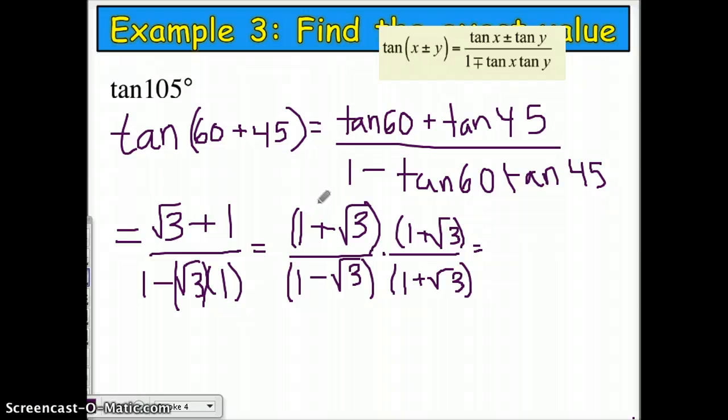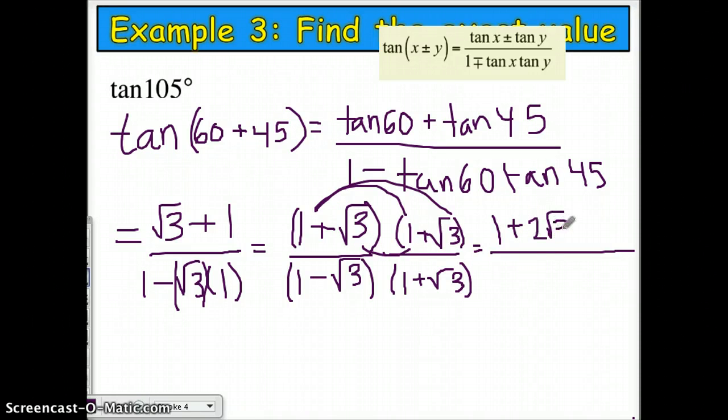So now I have the FOIL. So that'd be 1 plus root 3 plus root 3 plus 3. Root 3 plus root 3 is 2 root 3. Plus root 9. Root 9 is 3.